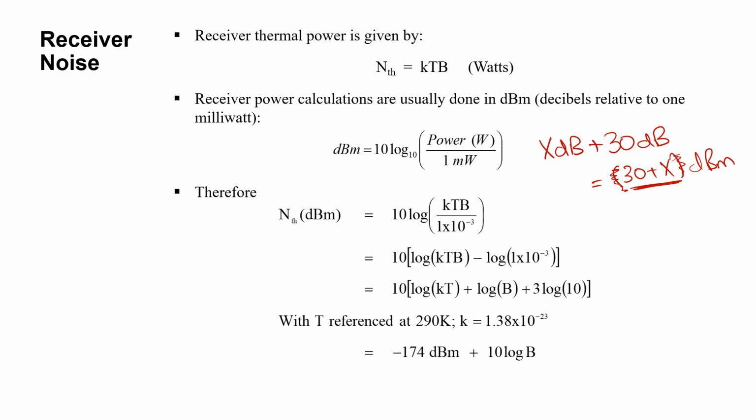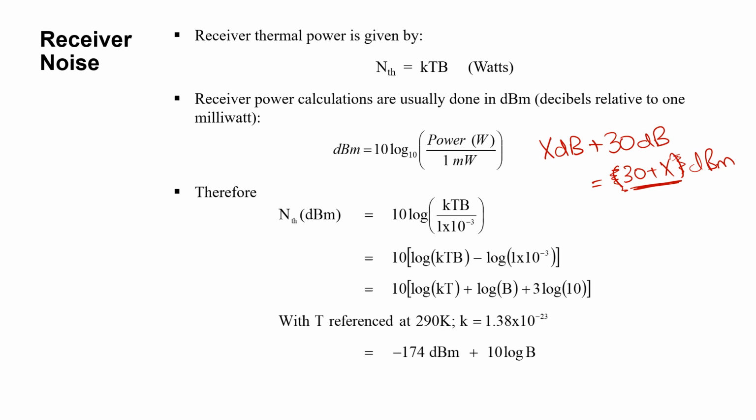Therefore, N in dBm is equal to 10 log KTB, that is noise power, over 1 into 10 power minus 3. So by using standard logarithmic calculations, it's 10 log KTB minus log 1 into 10 power minus 3, which will give us 10 log KT plus log bandwidth plus 3 log 10.